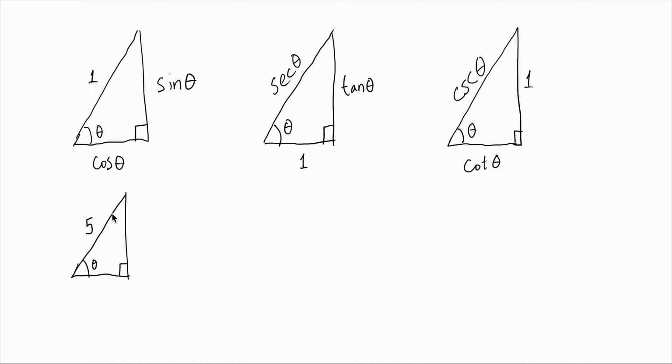Imagine this is bigger than this one, but we're just not drawing it to scale. Then the ratio from 5 to 1 is going to be the same from here to here. So this side length is going to be 5 times greater than that one, and this side length is going to be 5 times greater than that one.